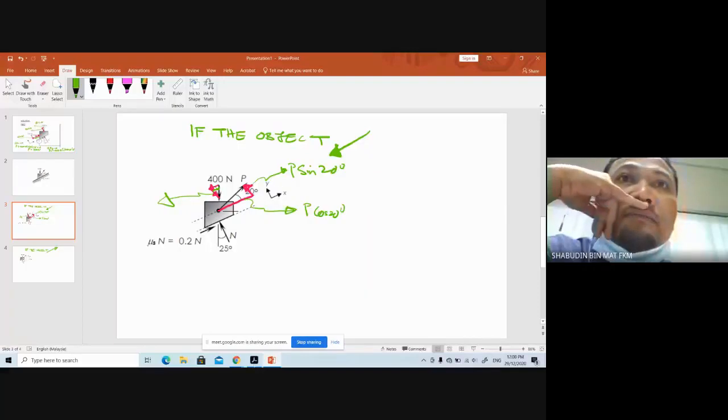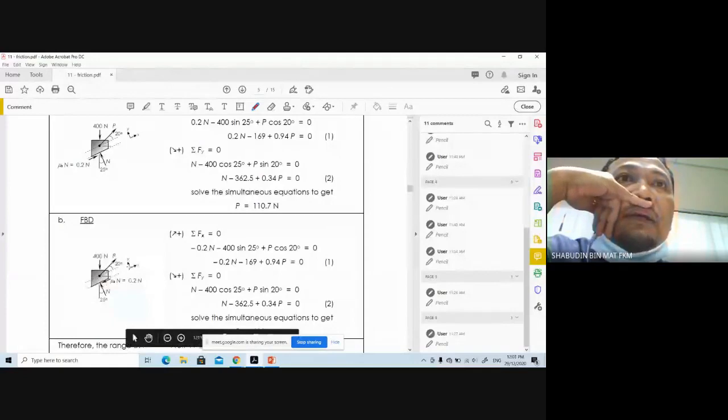Let me check. Okay, the weight is 400 here, this is 25.